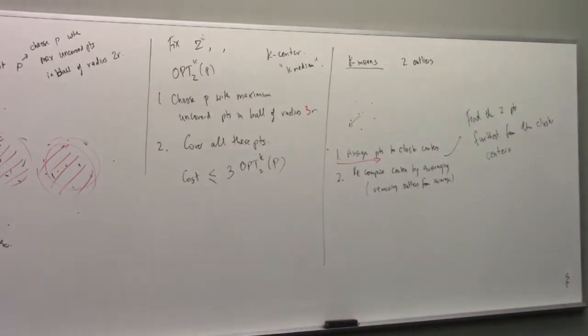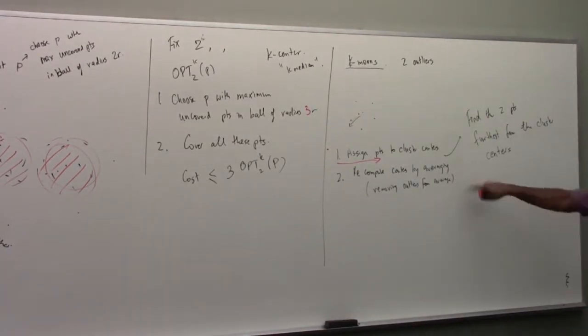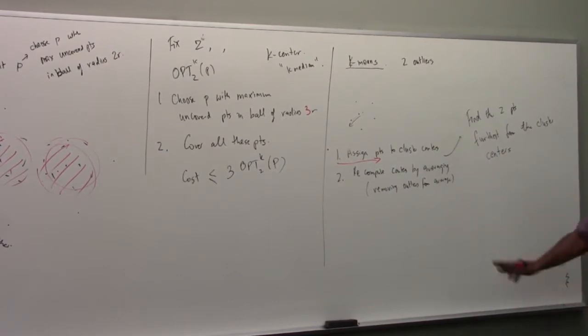The next step is, what's the simplest thing you could do in the next step? No, I'm serious. I'm not joking here. What is the simplest thing you could do in the next step? Do nothing. Forget that you found these points.